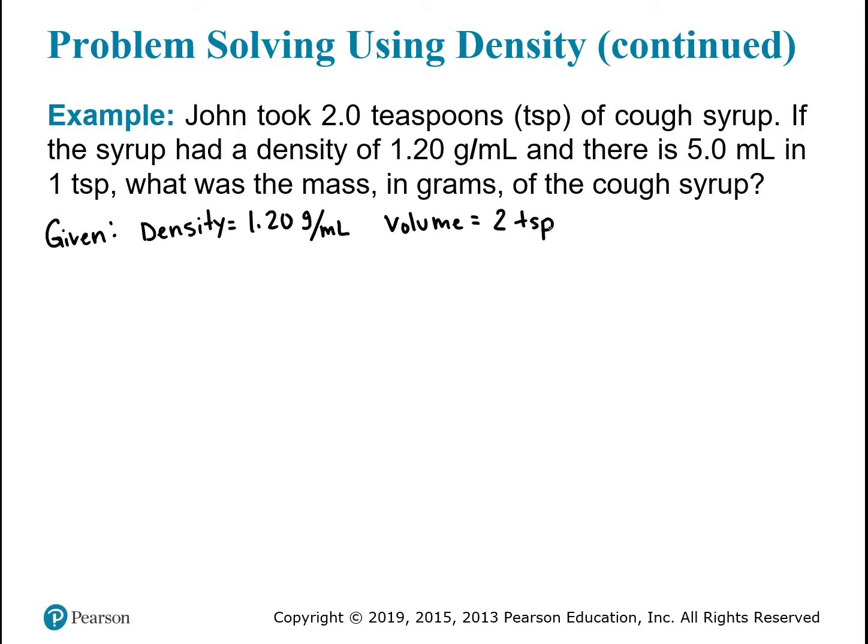And we were also given an equality. But it wasn't just written blah equals blah. There is 5 milliliters in 1 teaspoon. That's an equality.